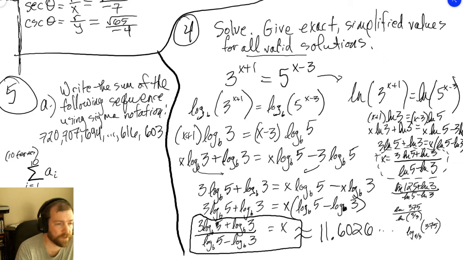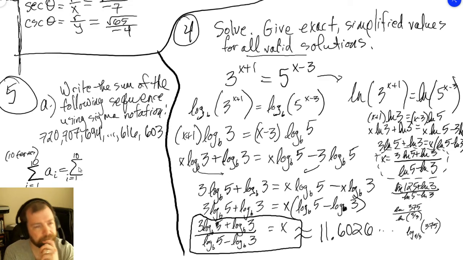Now you could, in theory, index it on some other numbers, and that's fine. But again, I don't really recommend that. In this particular case, as i goes from 1 to 10, we have a sub i is again the term that's represented here. So a sub 1, a sub 2, a sub 3, a sub 4, a sub 5, 6, 7, 8, 9, and 10.